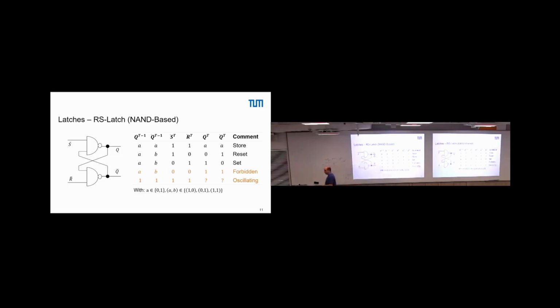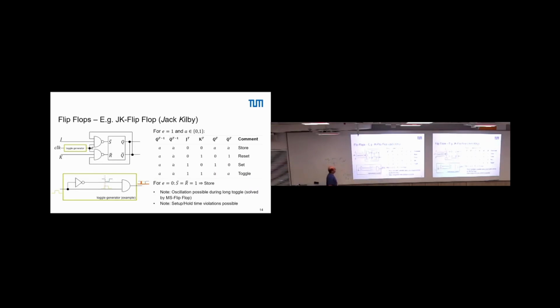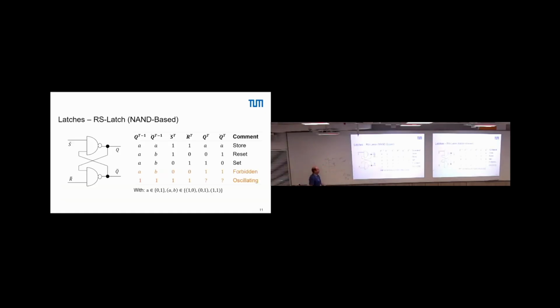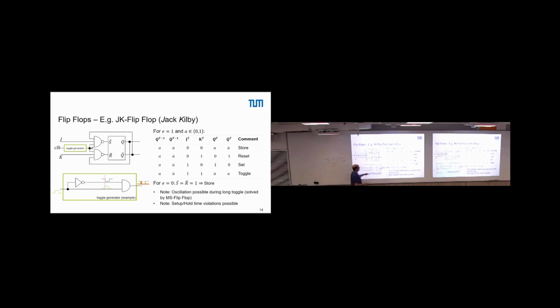So now if we have the other case, we have here 1, here 0, then we have this is set to 1. If we just look it up before, if reset bar is a 1, this is the case where we have the set state. And then we have this last thing, which was before called forbidden state, where we have at both inputs a 1. Now if both inputs are 1 here, in that case, then the inputs are Q bar and Q, right?